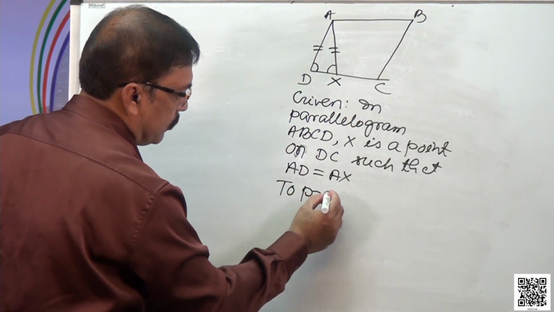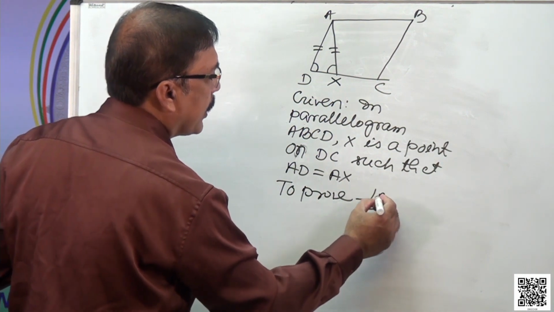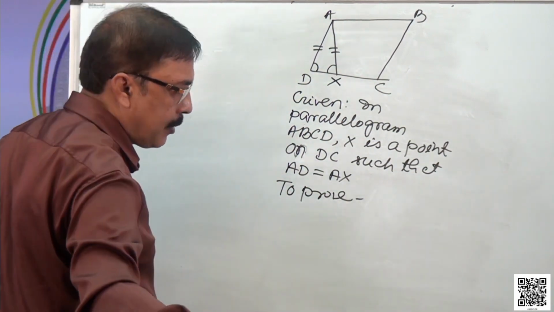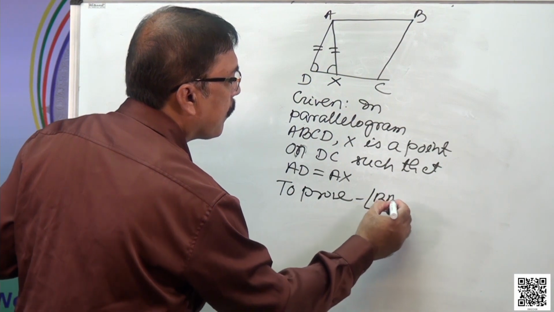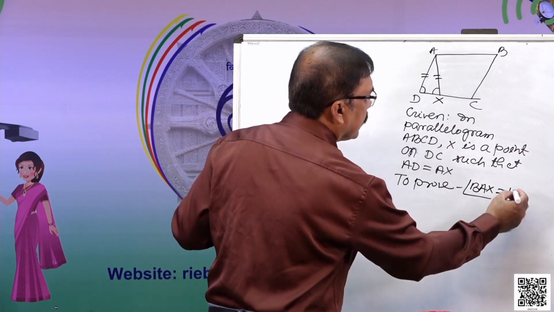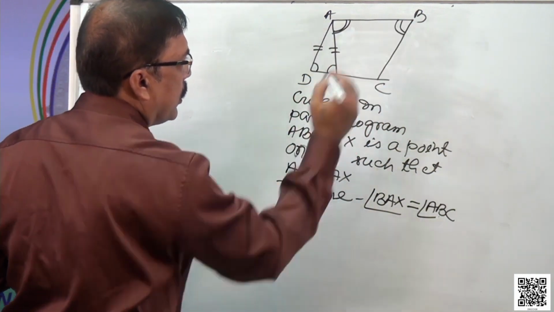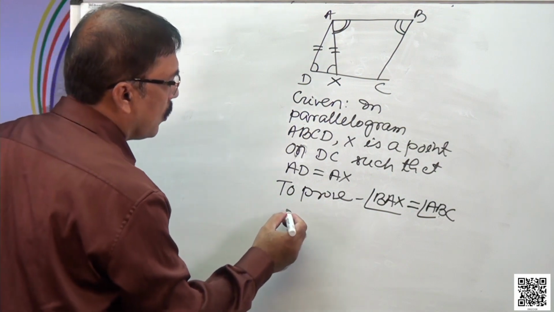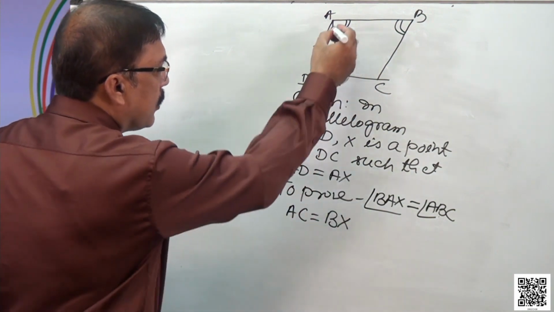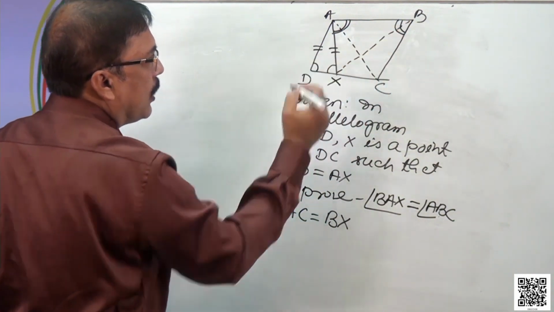To prove: angle BAX is equal to angle ABC, means we have to prove these angles to be equal, and also we have to prove AC is equal to BX, means this line AC is equal to this line BX.